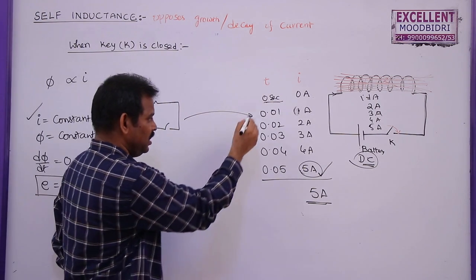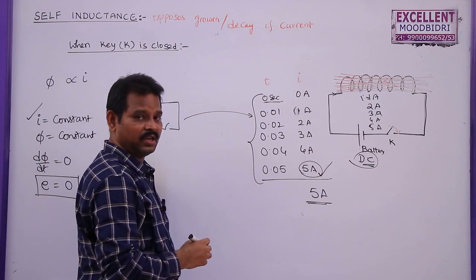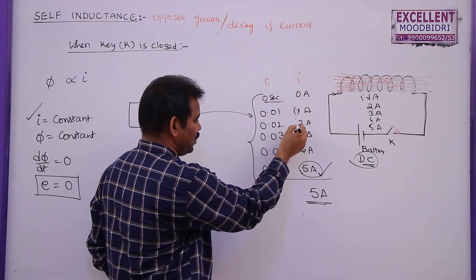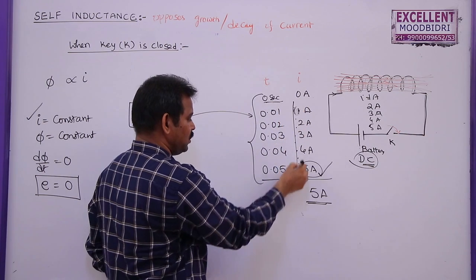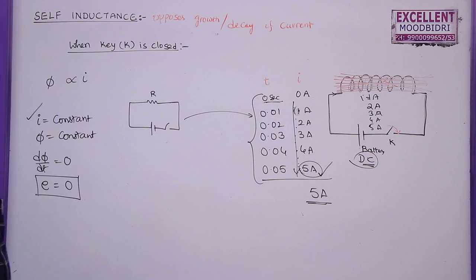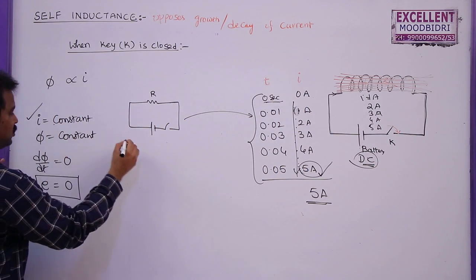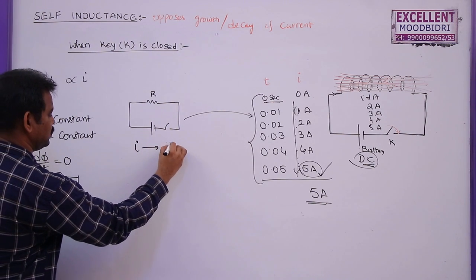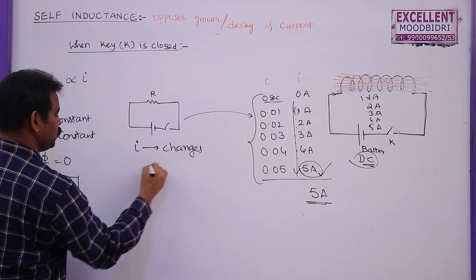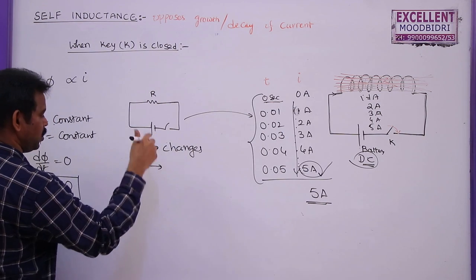But you can see in the starting stage, the current is gradually increasing here. Whenever current increases, we can say that I is changing. Whenever I changes, the flux through the coil changes. Why?